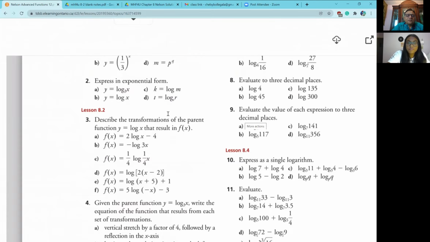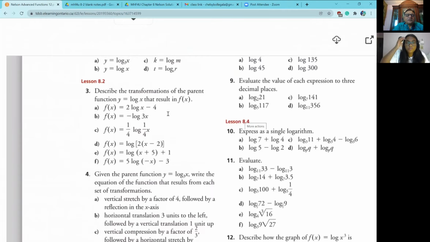Yes. Let's do which part? Let's say fractions. C. Tell me. Read the question, please. Describe the transformations of the parent function y equals log x that result in f of x. Correct. So tell me the transformations. 1/4 of log of 1/4 of x. Yeah, what does it really mean?